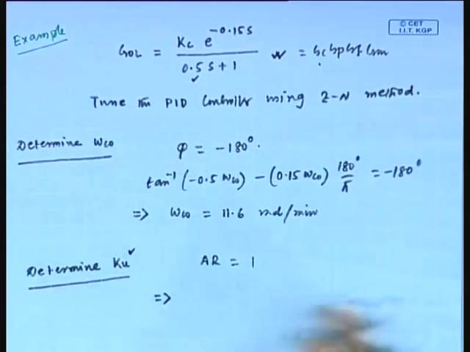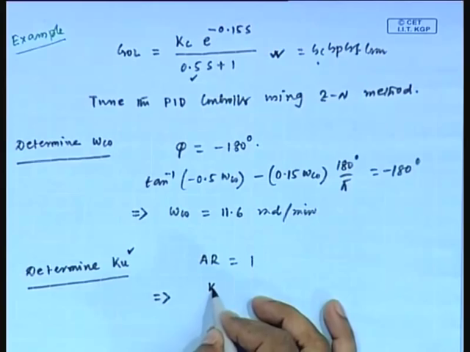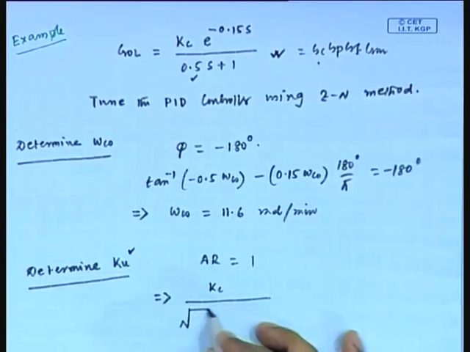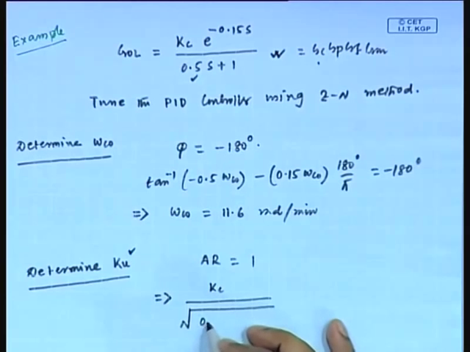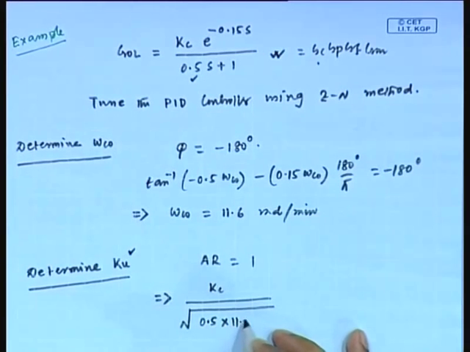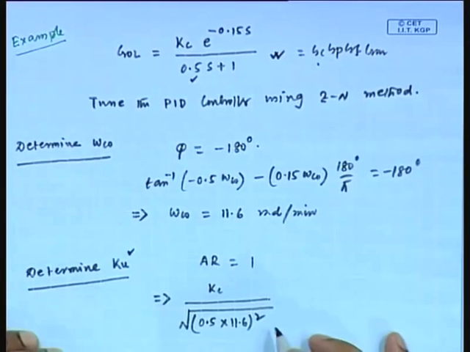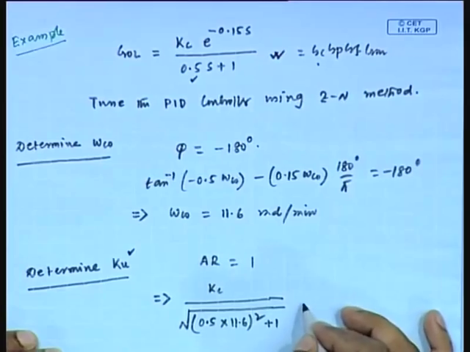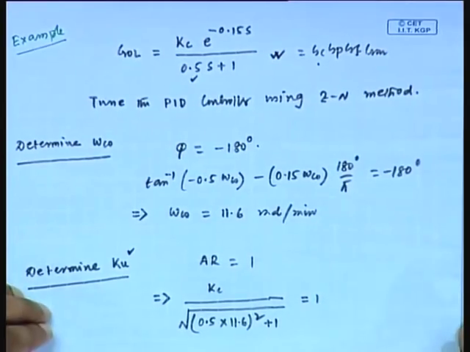So, what is the expression for amplitude ratio? Kc divided by square root of 0.5 multiplied by 11.6 whole square plus 1, equal to 1.